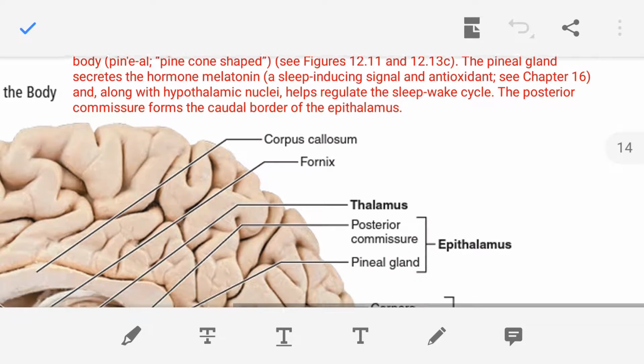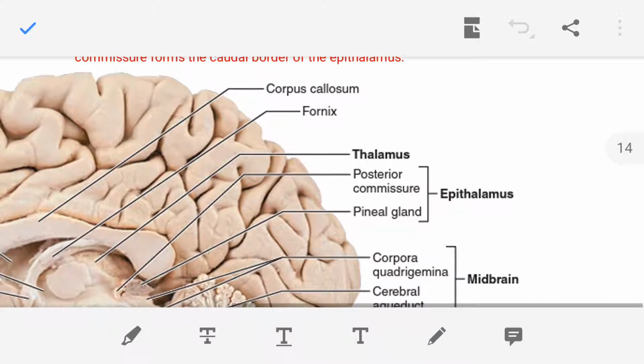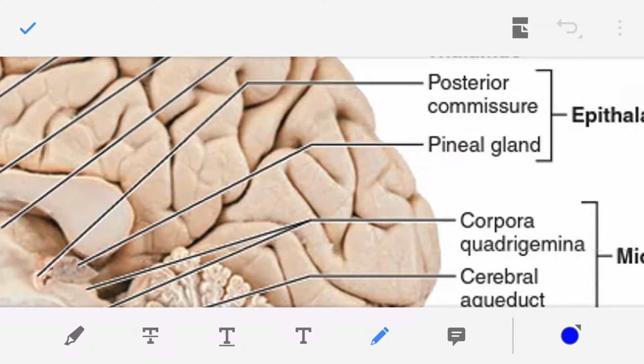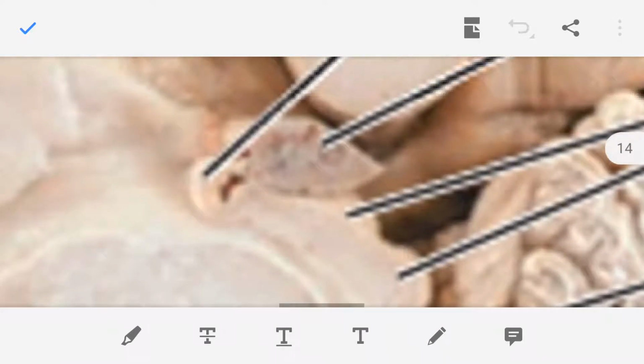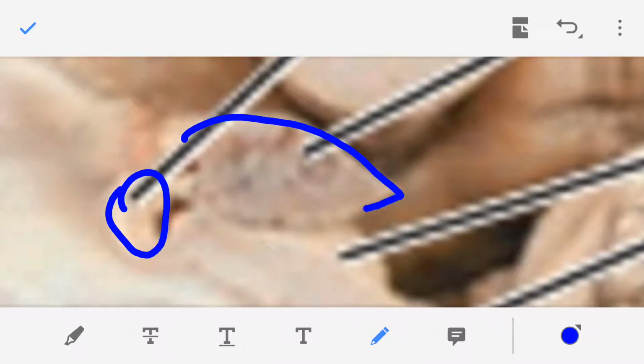And the last point, the posterior commissure. Okay, so first let's look at the posterior commissure. So I'm zooming this. So here, this one is the posterior commissure, and this part is the pine cone shaped pineal gland.